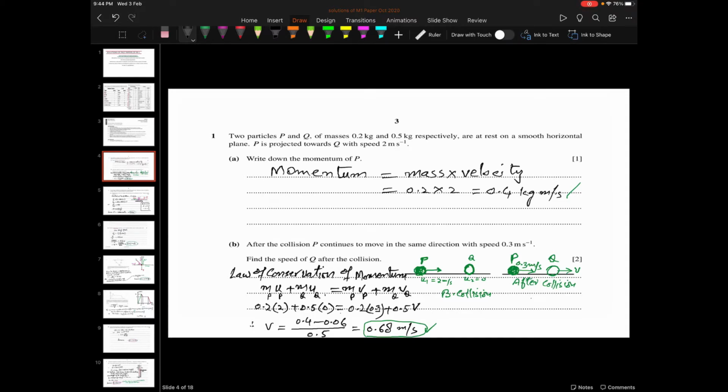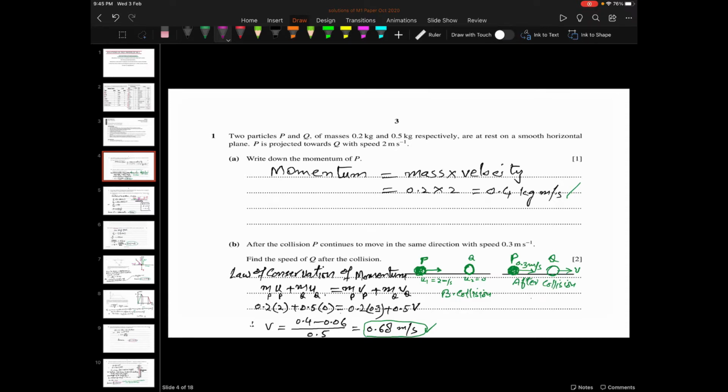Now the B part. After the collision, P continued to move in the same direction with speed 0.3 meter per second. Find the speed of Q after the collision.